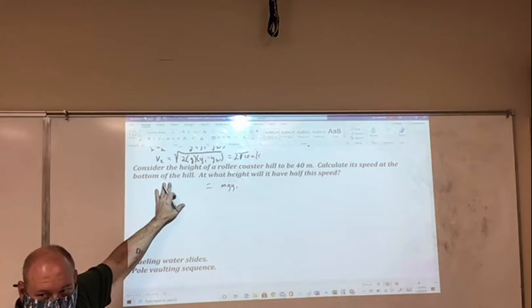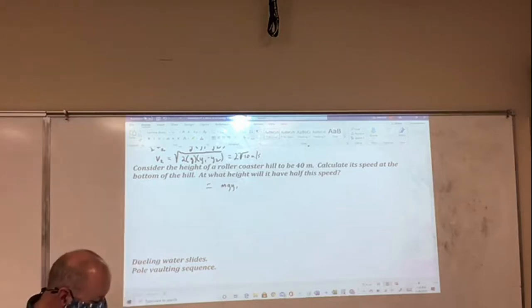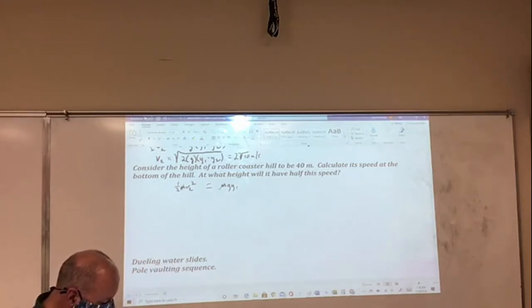I'm not going to have any more potential energy, so I'm going to say 1/2 mv2 squared equals mgy1. And I want to know what the speed at the bottom of the hill is going to be, so it's going to be the square root of 2gy1.